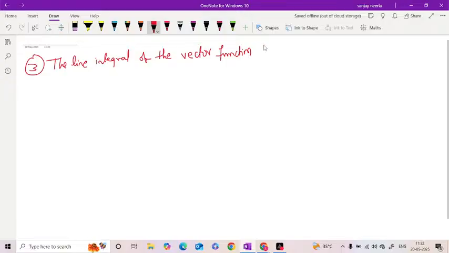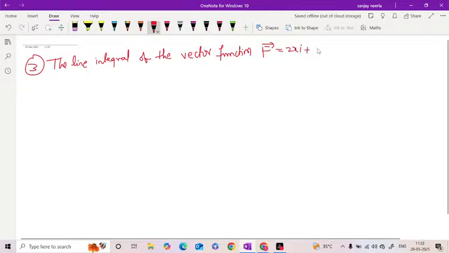Now the first one is the vector point function f equal to 2xi plus x square j along the x-axis. Along the x-axis means what are the x values, what are the y values.